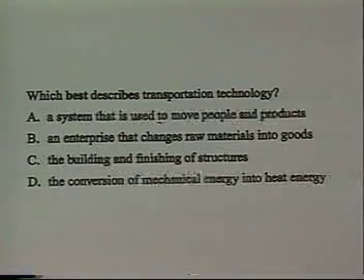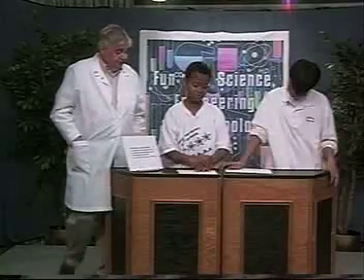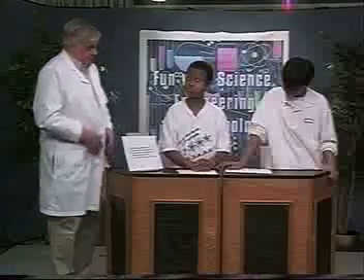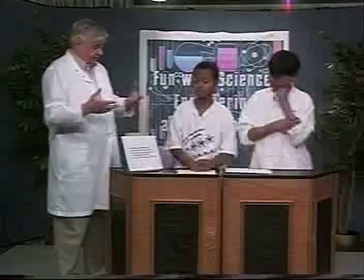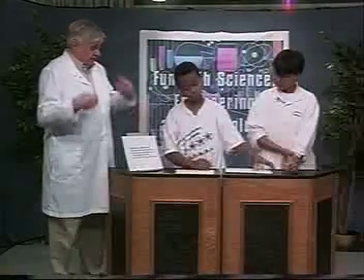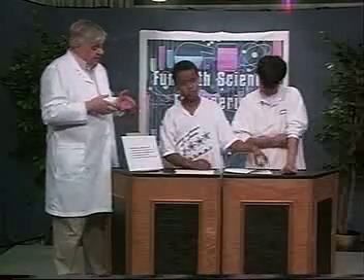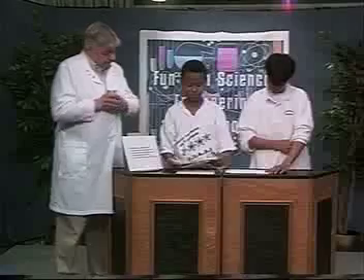You think it's A, a system that's used to move people and products? Transportation technology is like airplanes and cars and trucks and trains and boats, spaceships and all that sort of stuff, right? So you're saying it is A? All right, well, let's take a look at the rest of the answers before we go on.